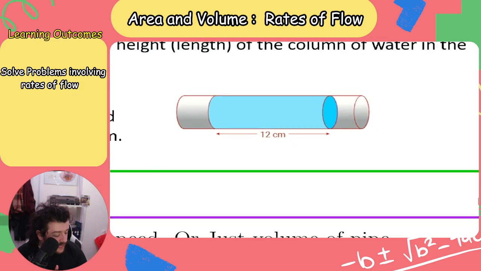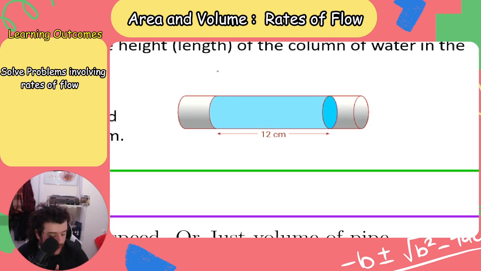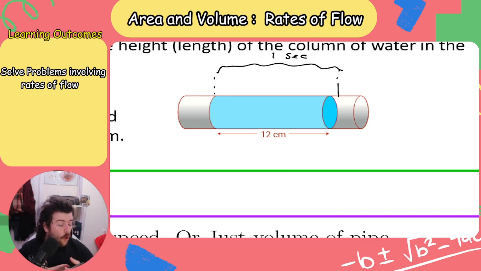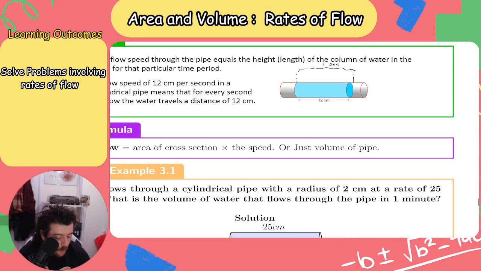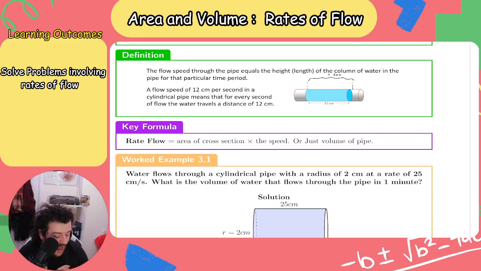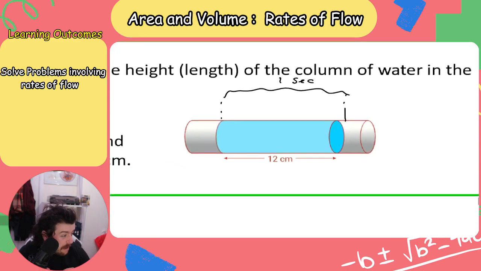So what does that mean? I have a pipe here. This pipe is a little snapshot of 1 second. So this blue part is a snapshot of 1 second. After 1 second, water travels 12 centimeters in my pipe. And now all I need to do to calculate my rate of flow is the area of the cross section times the speed, or just simply calculate the volume of the cylinder.